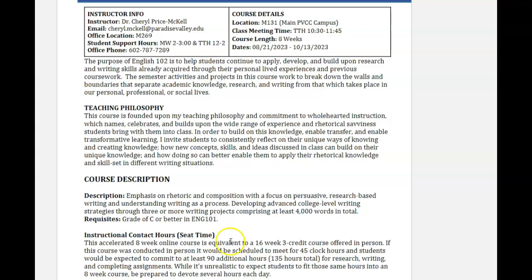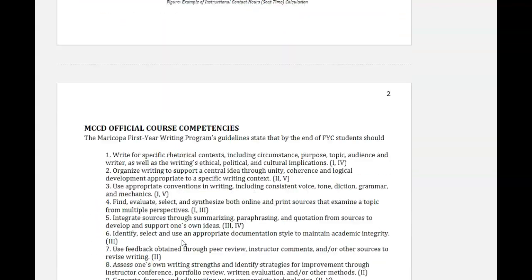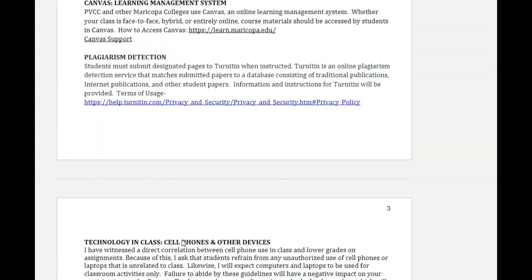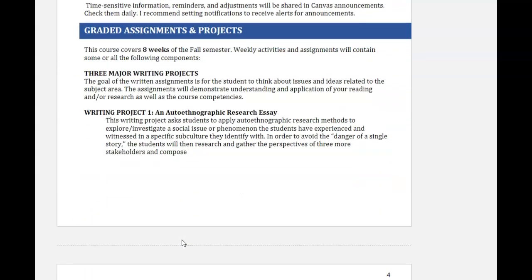All right. And the three major projects that we are going to be doing in this class, if I go down, where is it? Right here. The first one is going to be an autoethnographic research essay. I'll explain a lot more about that in a minute.